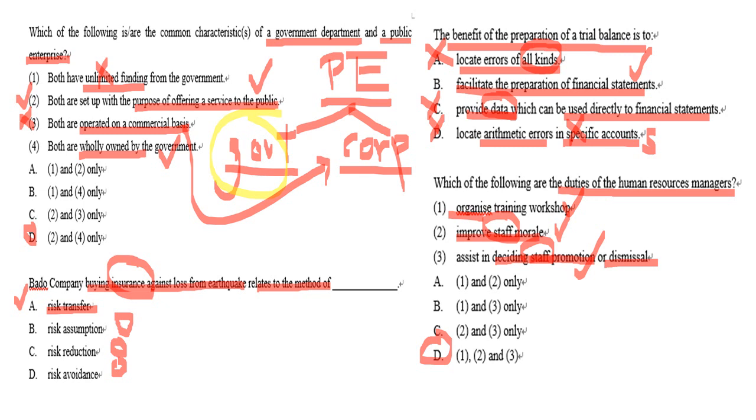Next one, reduction. That means the firms may try to reduce the risk, such as a hotel installing fire alarms and not allowing customers to smoke in the hotel rooms.